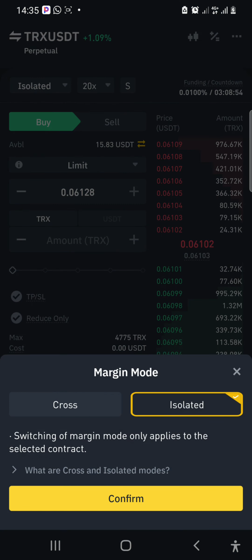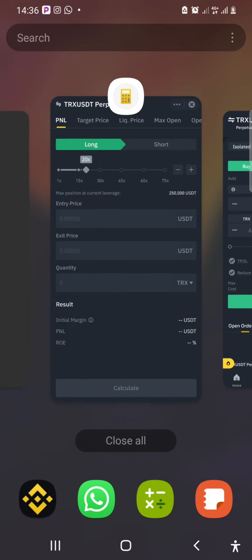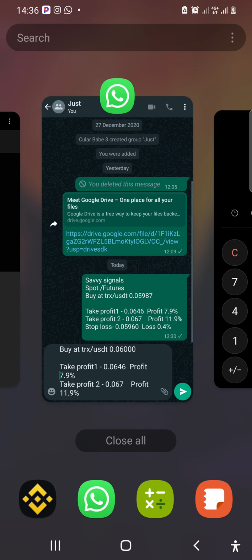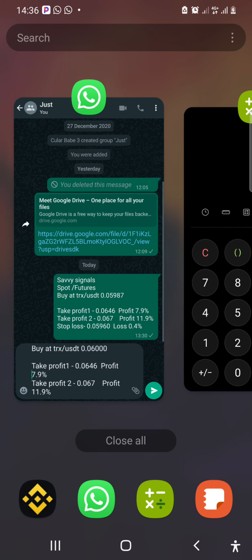Then for the isolated, it means the margin or the leverage you use is what is going to work for you. So for instance, if you set your stop loss now, it means once price gets to that stop loss, it is going to close the trade for you. So for instance, now in this our signal here now, we have 0.059, the stop loss is 0.6%.